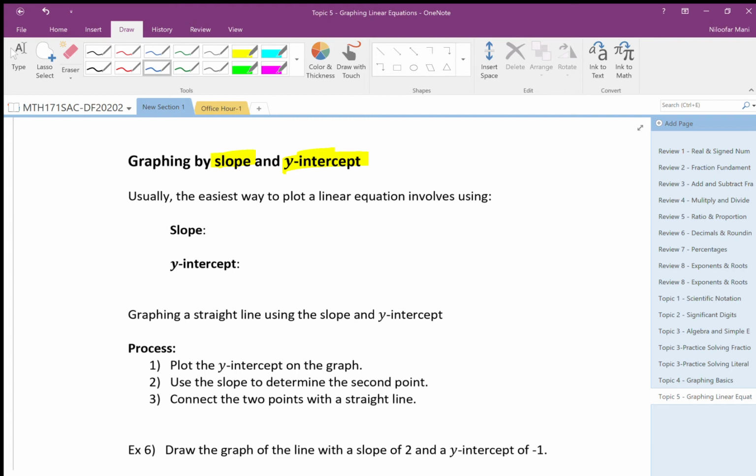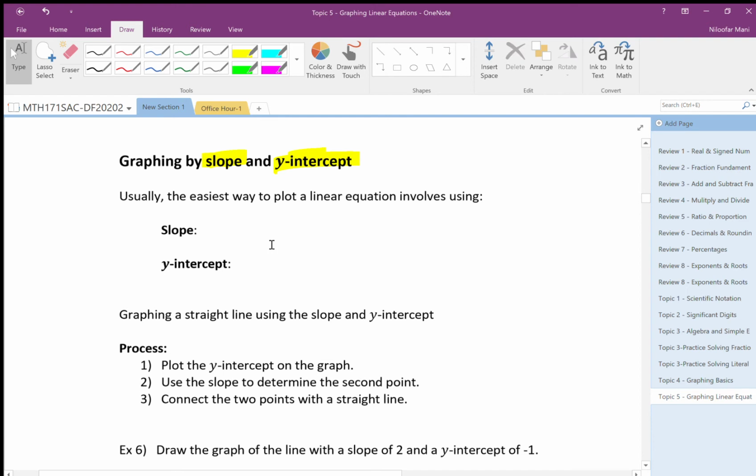So what is the slope? Of the line. And how about the y-intercept? The y-intercept is the spot where the line crosses the y-axis.